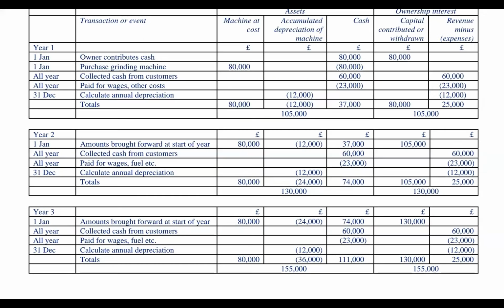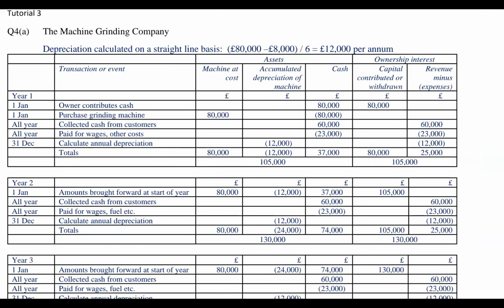Now you go to the second year and show the same transaction, the same way. Now we start with the balance brought down, not the owner's contribution. We are not contributing anything this year because it's the second year, so the entries are a bit different. Just come with the amounts brought forward, or brought down, which is the same thing.